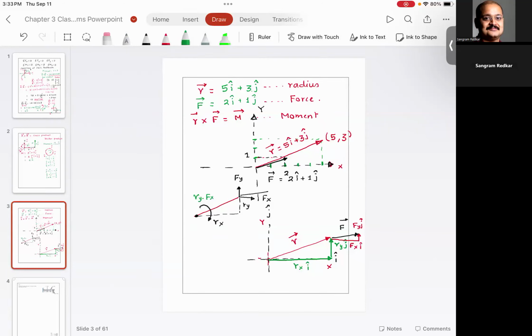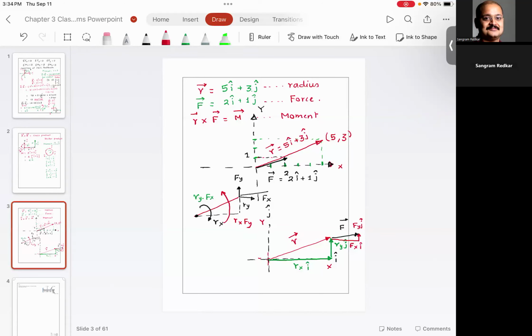And then you have another moment which is given by Fy, so this would be Rx, Fy. So now can you see that these two forces are giving you the moment, but one moment is clockwise and the other moment is counterclockwise. Do you agree with me?